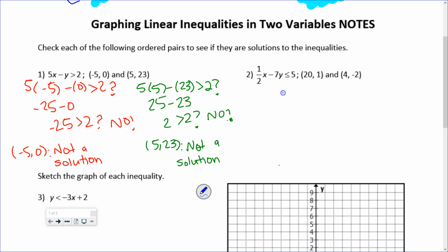So I want you to test the point (2, 1) and the point (4, -2) in the inequality 1/2 x minus 7y less than or equal to 5. Remember, greater than means it's going to eat the bigger number. So this is saying this whole function needs to be less than or equal to 5.